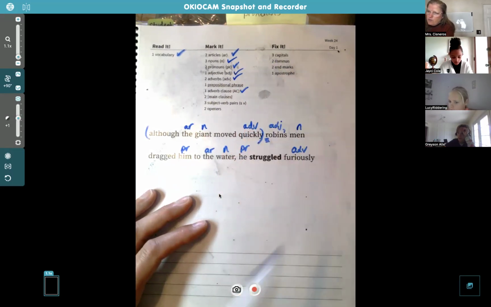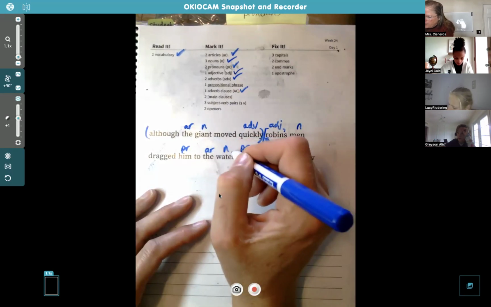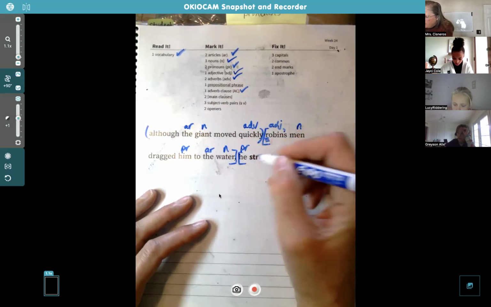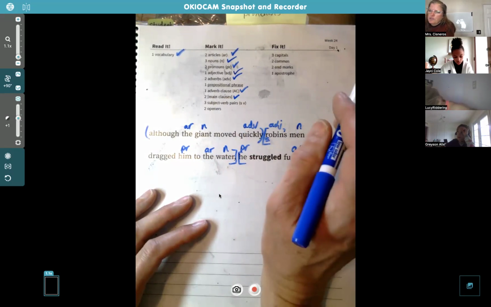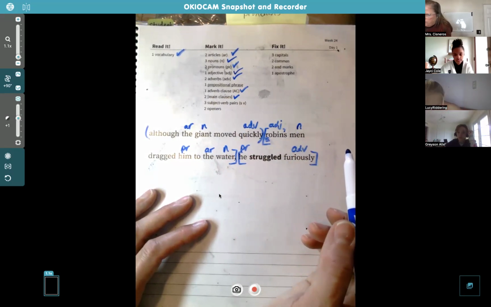So I kind of gave away one main clause, but Lucy, where are the two main clauses? Robin's men dragged him to the water. Good, that's one. And he struggled fiercely. Yep. Good. Subject verb. So Grayson, do you like to do subject verbs together or separate?